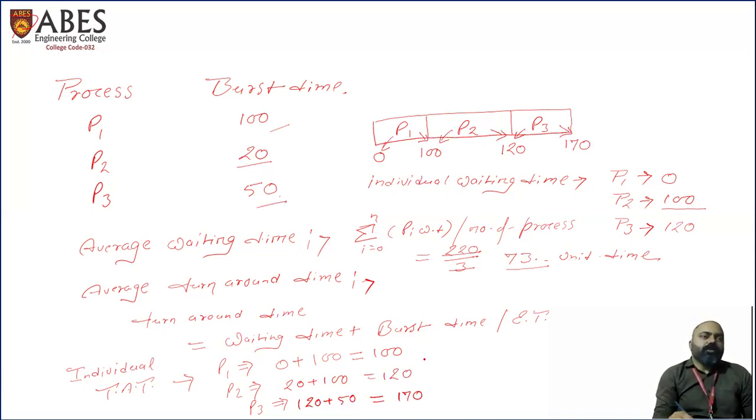So what you have to do for average turnaround time? You have to sum all these values and divide by 3, which is the number of total processes inside the system. So this way you will get the average TAT, average turnaround time. I think this is clear to all of you.